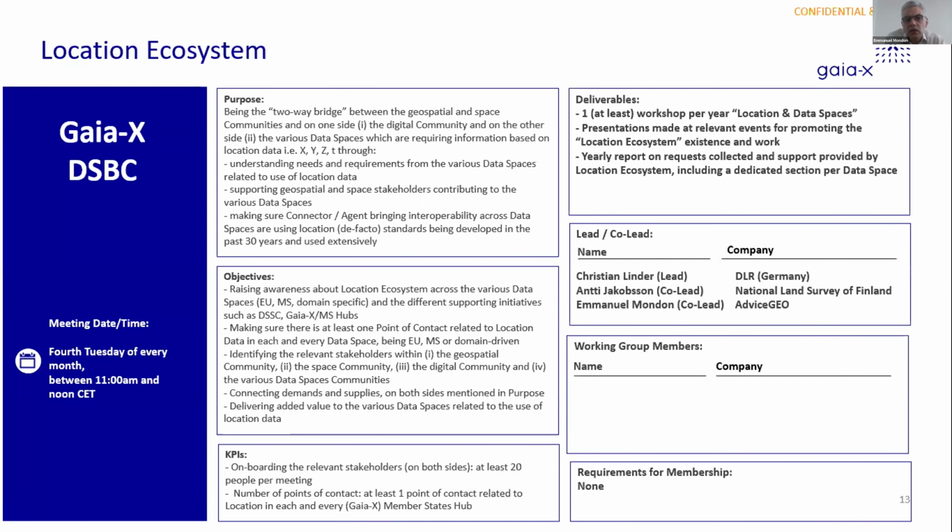So, in one page, what is the rationale of this location ecosystem? The purpose is clear. It's a two-way bridge between the geospatial and space communities, and on one side, the digital community.